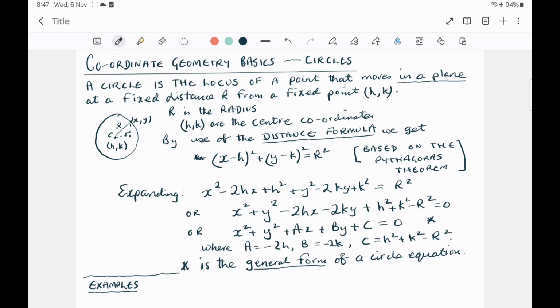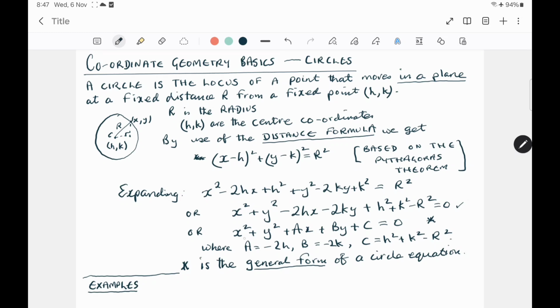Expanding, we get x squared minus 2hx plus h squared plus y squared minus 2ky plus k squared equals r squared. Rearranging, x squared plus y squared minus 2hx minus 2ky plus h squared plus k squared minus r squared is 0. That's as far as we got.